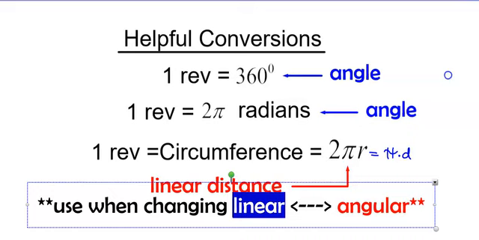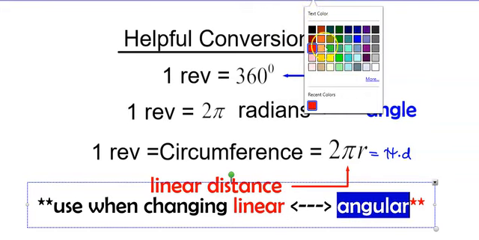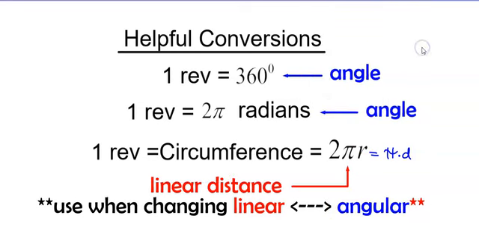Let's make that one red. And this one blue, so they match. So use it when you are changing from linear into angular or from angular into linear, either direction. And you'll see what I mean when we work through some examples.